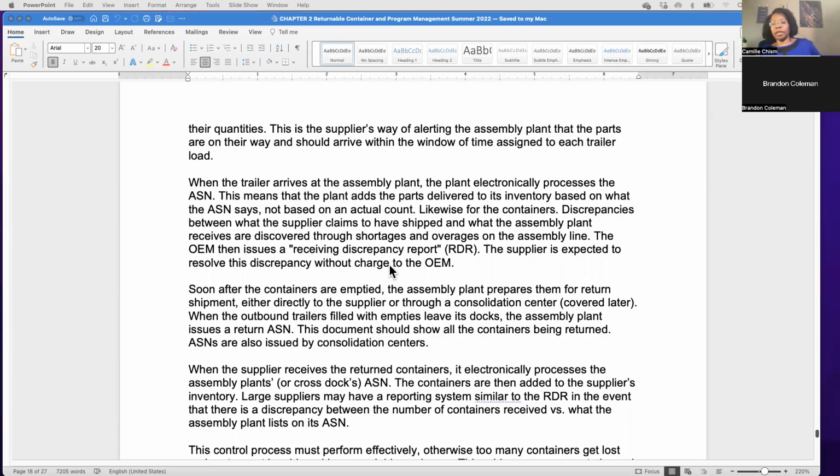But they're all full containers, so it's very easy to do. They can pull 4 containers and send it that way, and that helps them reduce the number of discrepancies as well. There is a process for discrepancy. So you see the RDR, which is a receiving discrepancy report.